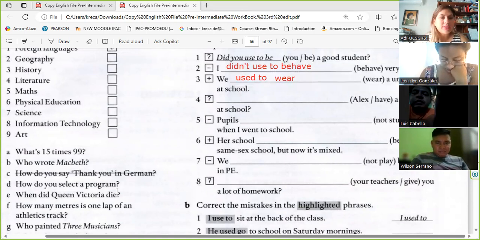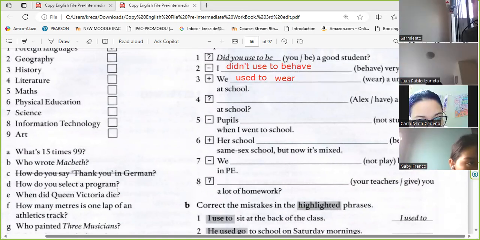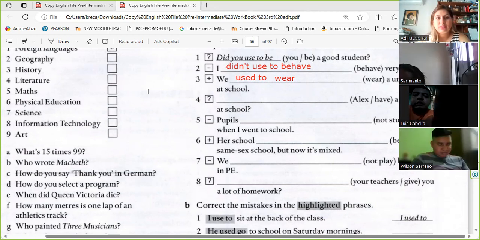Excellent, Luis. Let's continue, number 4 with Abigail. Now we have a question. How do we make questions? Now check out the example of number 1, Abigail. How do we start the question?